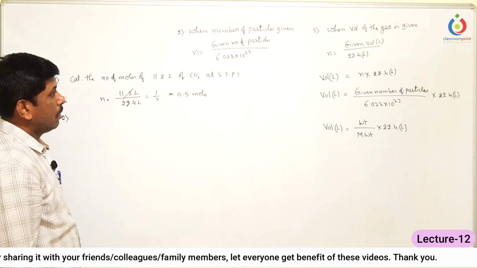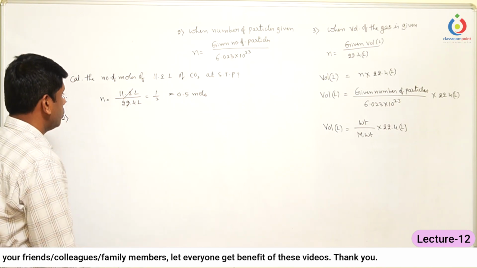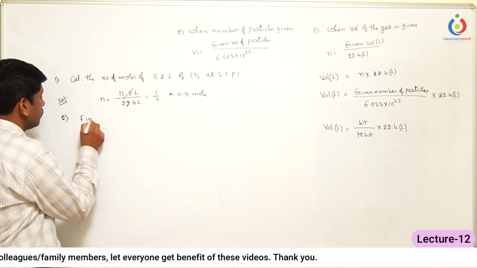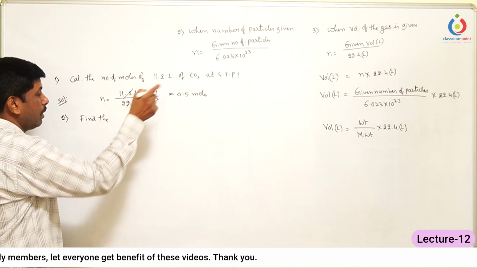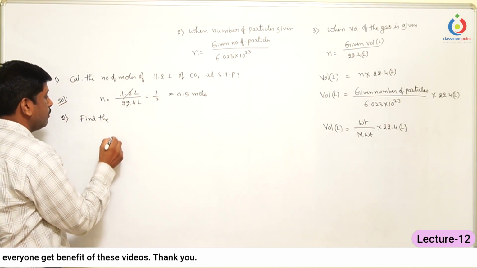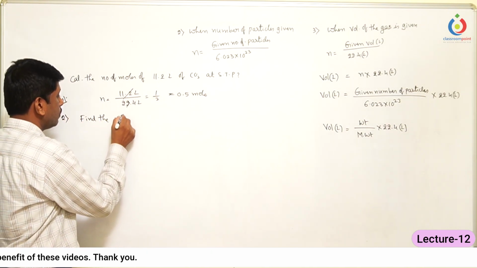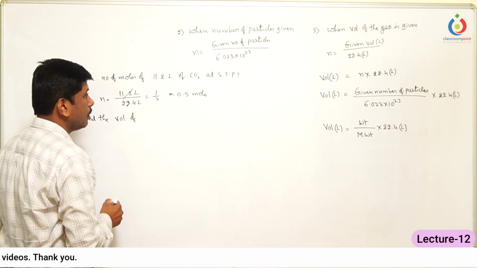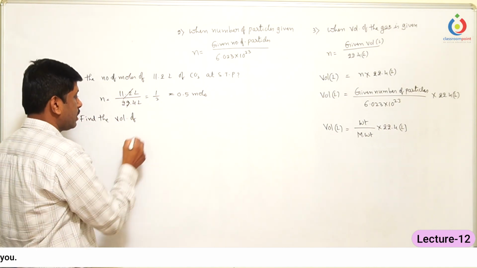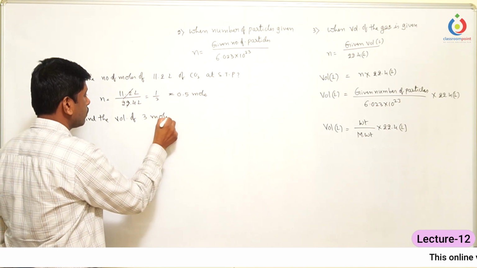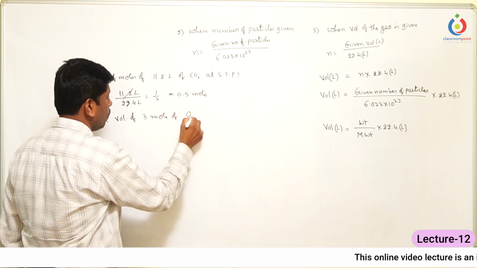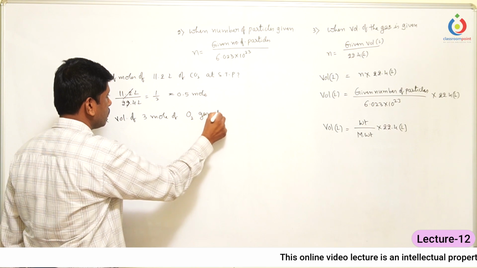Next one, calculation of the volume. When number of moles are given, find the volume. Let us take 3 moles of O2 gas at STP.